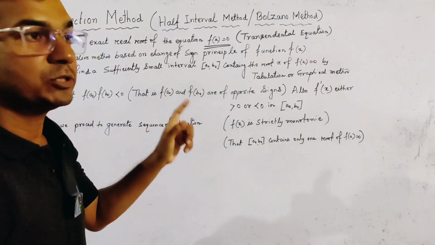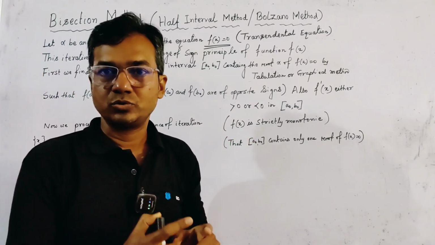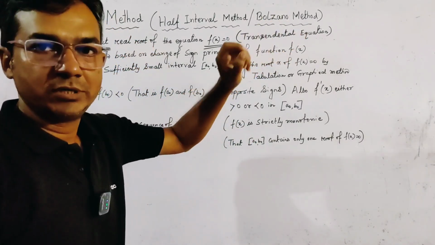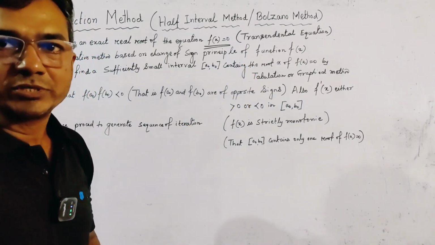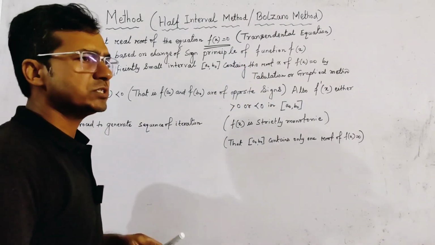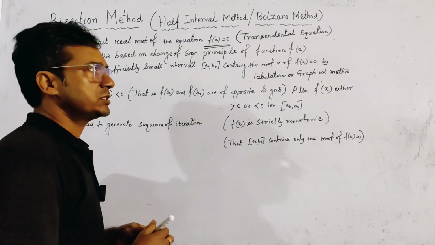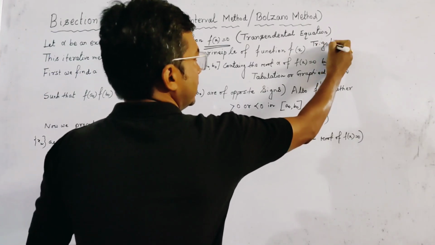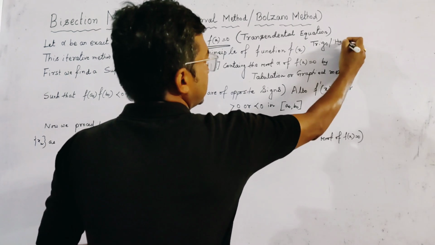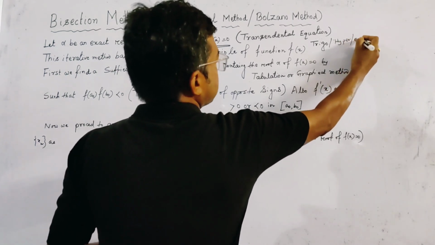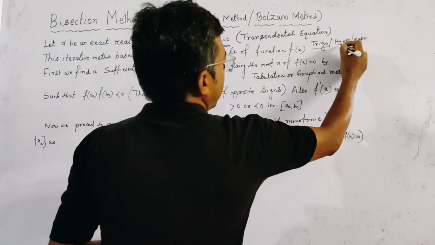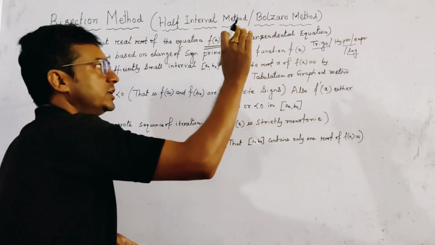So numerical methods are usually used for transcendental equations. What is a transcendental equation? Any equation which consists of trigonometric, hyperbolic, exponential, logarithmic functions, etc. is said to be a transcendental equation.